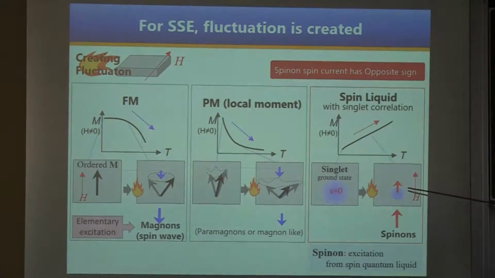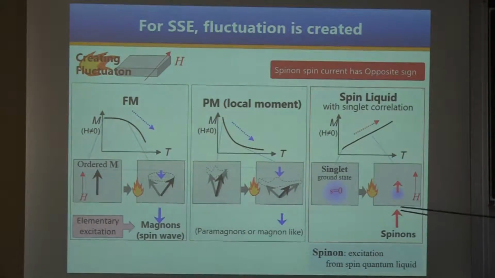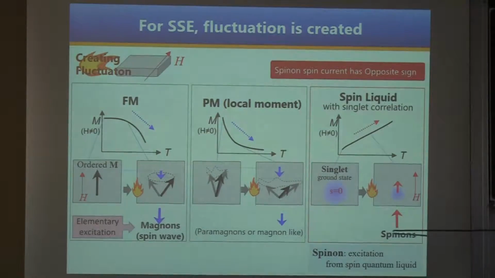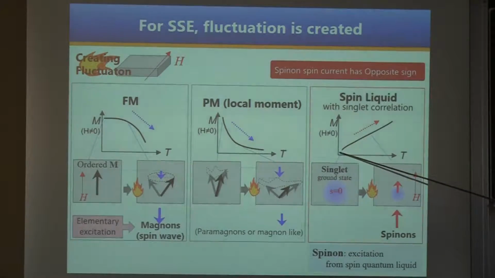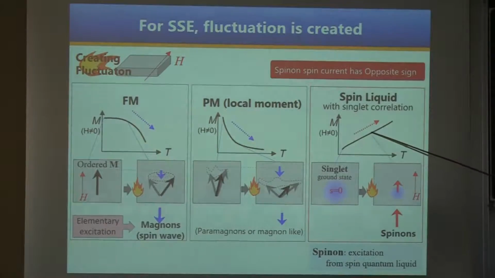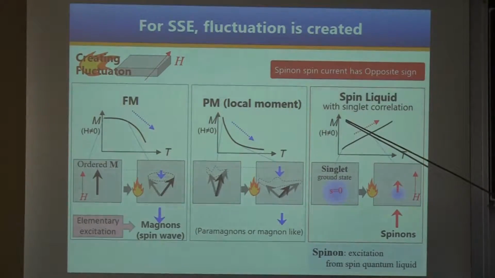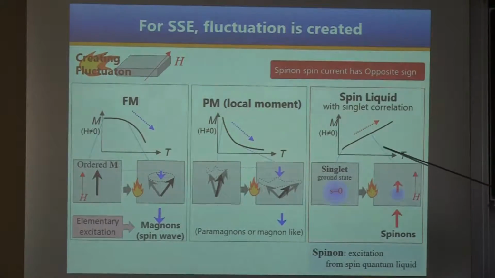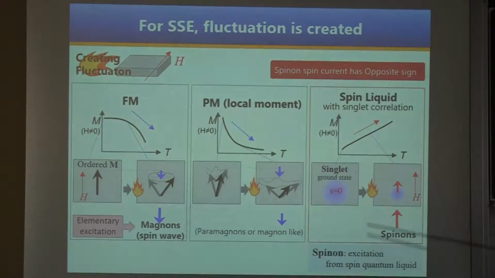So the fluctuation has positive spin polarization, which is carried by spinons. The ground state has singlet correlation, and by applying fluctuation, magnetization can appear like this. So the magnetization under a field as a function of temperature has a positive slope like this.